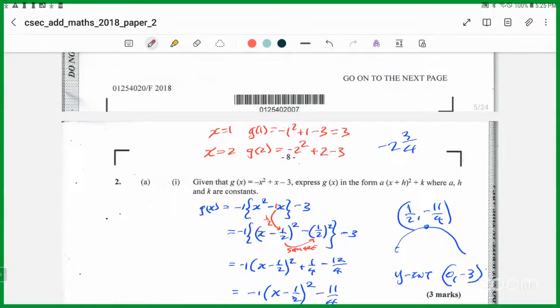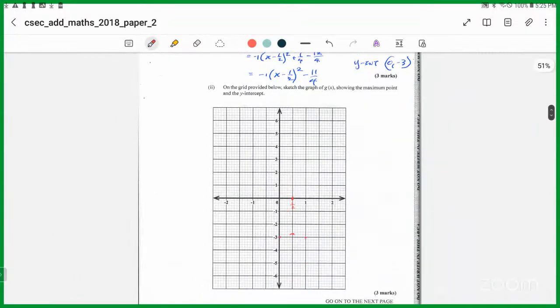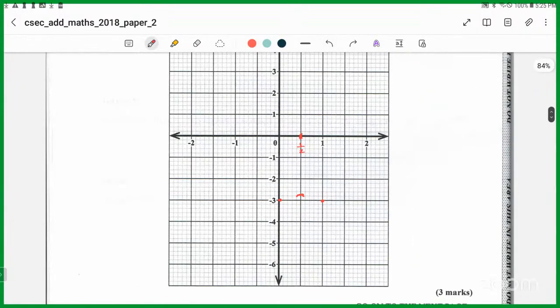So this becomes -4, and this becomes -1. That becomes -5. So this all works out to be -5. So 2, -5, all the way down here.